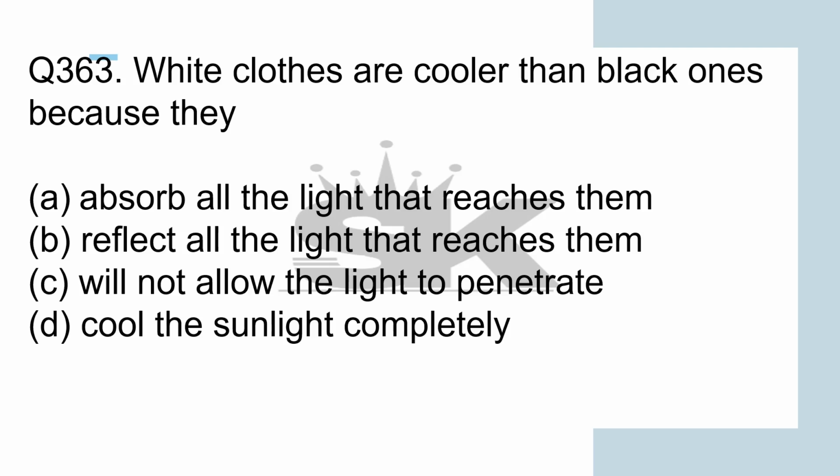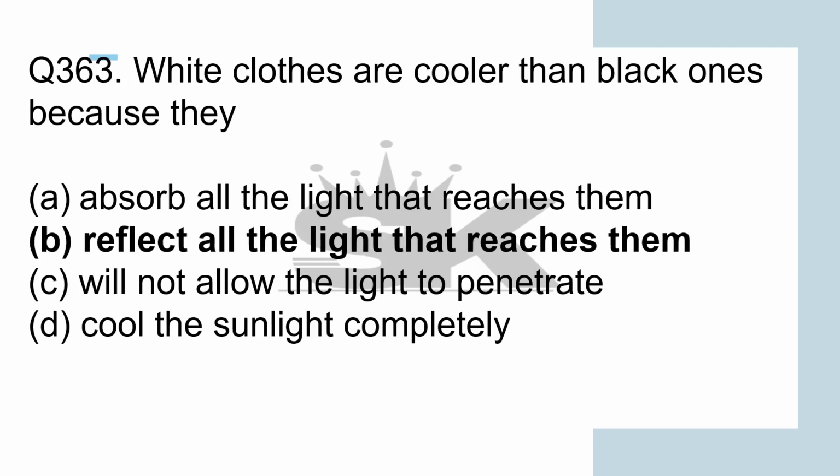Instead, as the light is absorbed, it gets converted to another form of energy, usually heat, and then emitted by the shirt. The darker the object, the better it emits heat because it's a better absorber of light. So here the answer is: reflect all the light that reaches them.